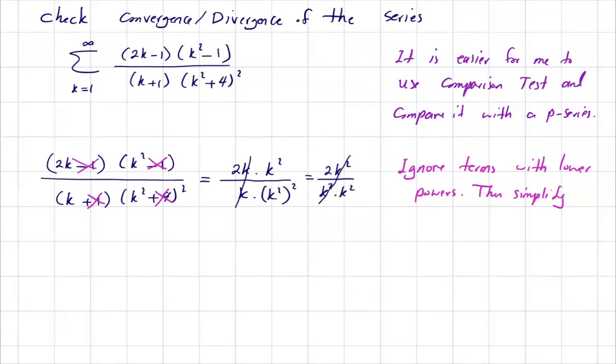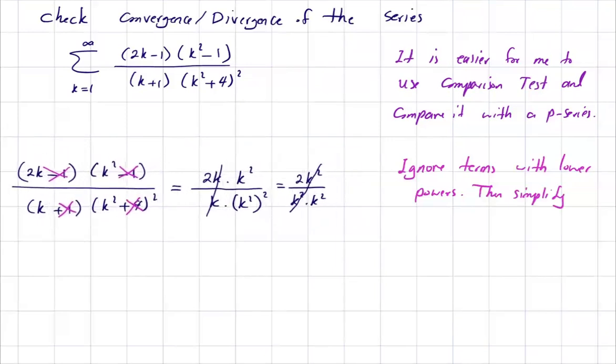Ignore k squared. So this guy is simplified into 2 divided by k squared. Hey, I found my p-series. So it is comparable to p-series summation of 1 divided by k squared. Perfect.